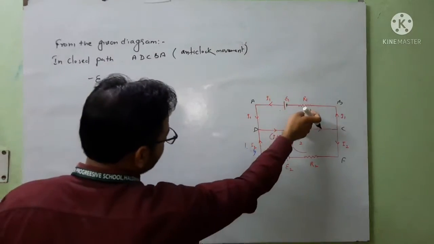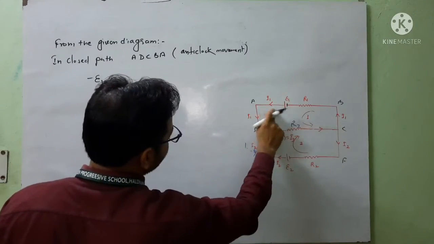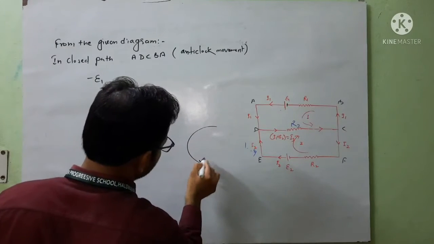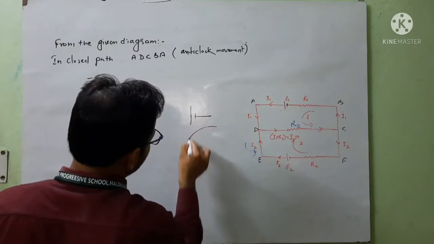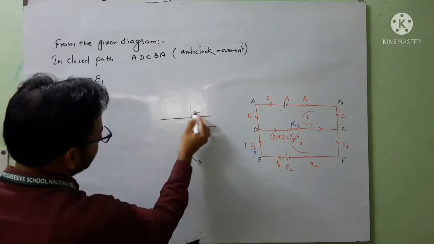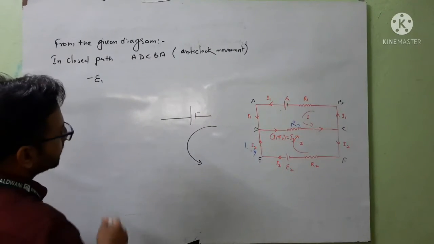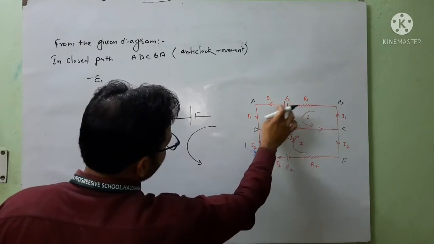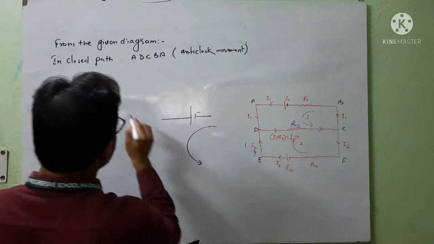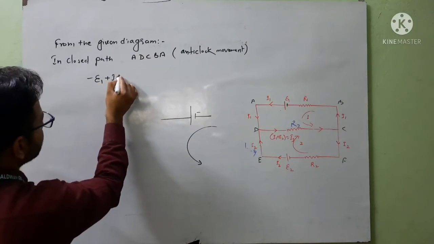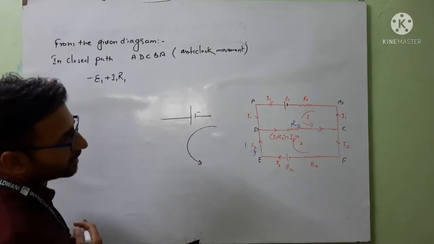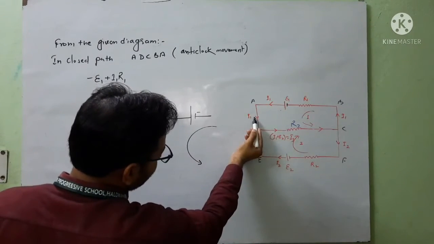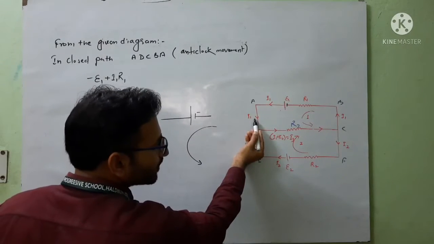And in the arm AB, moving anti-clockwise, first the negative terminal of the cell comes and then the positive terminal, so our EMF will be negative. After that, in this arm the product of I1 and R1 will be positive, because the current direction and our movement direction will be the same. Now come to the next arm, here no resistance, no EMF.